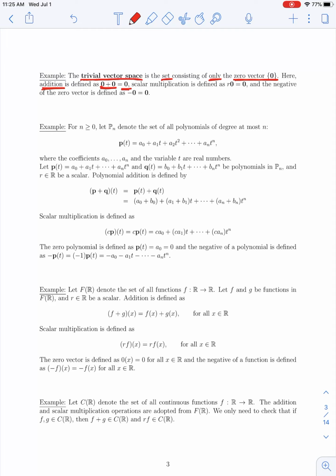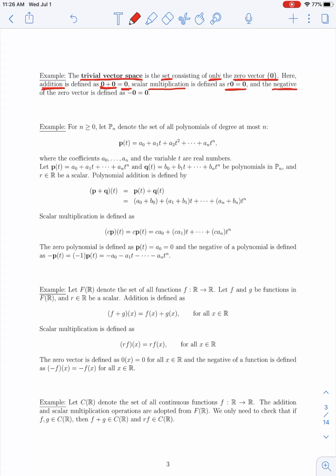And scalar multiplication would be defined as r times our zero vector, which is the only entry in our vector space, is equal to 0, which is itself in the vector space. So it's closed under scalar multiplication for any scalar r.